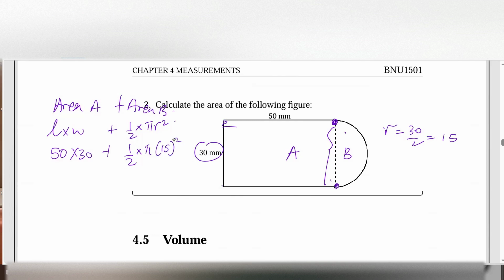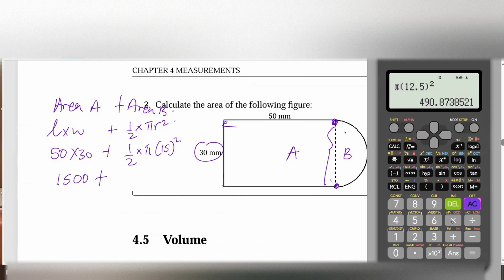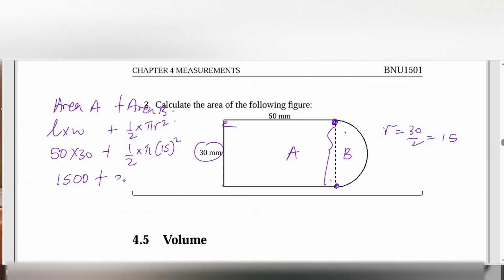So this is 15 squared. So 30 times 50, that's going to be 1500. And then a half, say 0.5 times the pi multiplied by the 15 squared. This becomes 353.43.